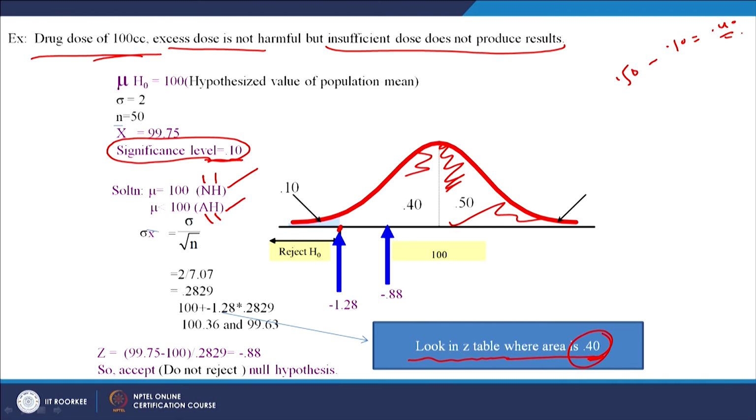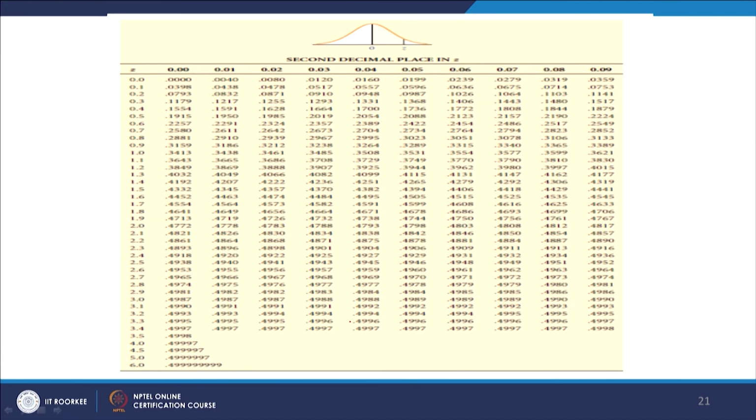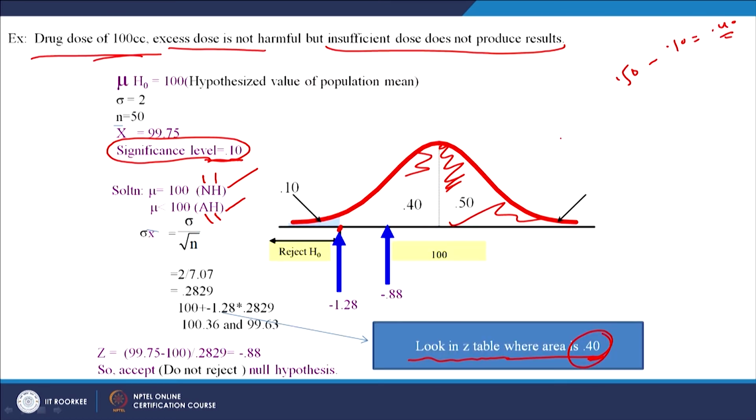So, let us look at the Z table where the area is approximately 0.40. So, 1.28. Your calculated value is minus 0.88 and the table value is minus 1.28. So, this is your calculated value which is here and this is your table value. Is this calculated value in the rejection region or non-rejection region?